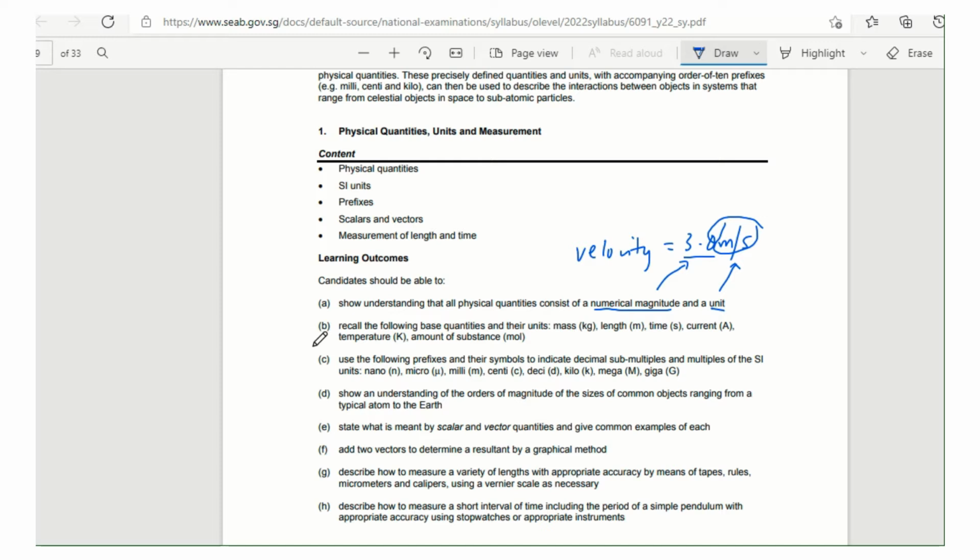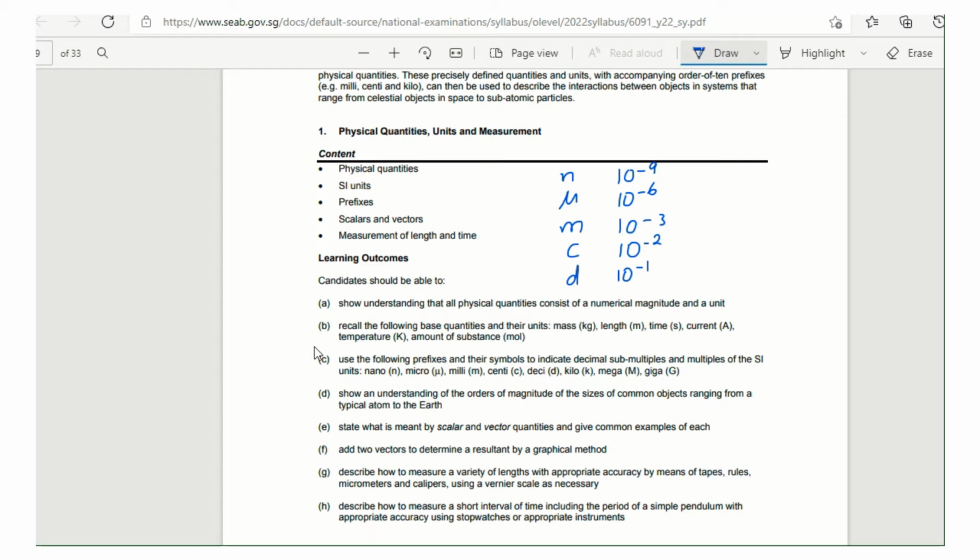Nano refers to 10 to the power of minus 9, micro refers to 10 to the power of minus 6, milli, small m, refers to 10 to the power of minus 3, centi is 10 to the power of minus 2, and deci is 10 to the power of minus 1.